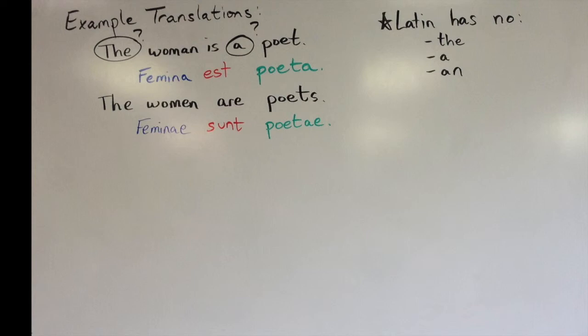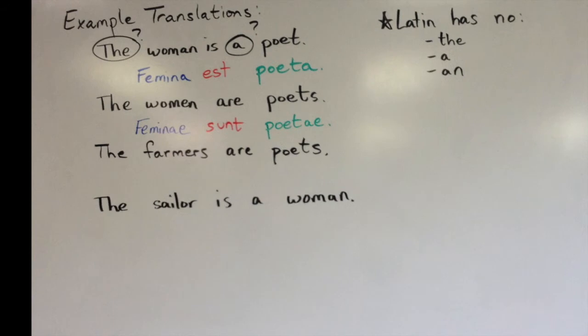I want you to now try to translate the following two sentences in your notes on your own. I want you to write down and then take a moment to pause and translate on your own. The sentence is, the farmers are poets, and the sailor is a woman. Pause now and try to translate these on your own.